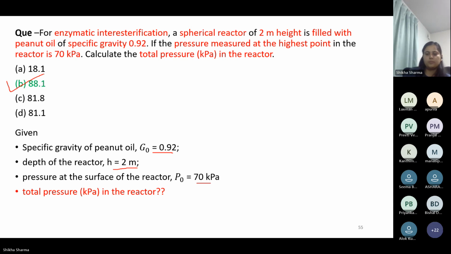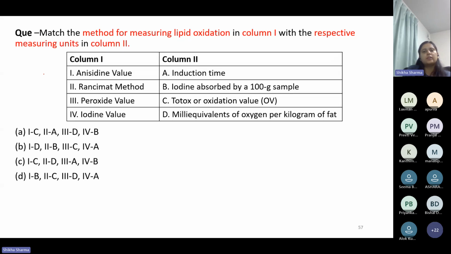Yes. Okay, so this is a matching question: match the following. In column A, we have methods for measuring lipid oxidation. So we have different values like iodine value, peroxide value, rancimate value, and anisidine value.